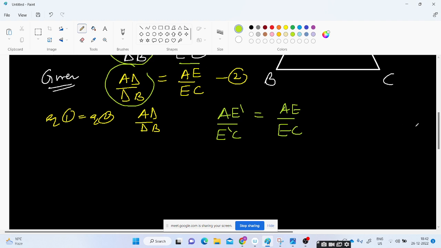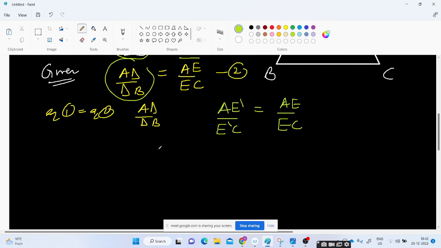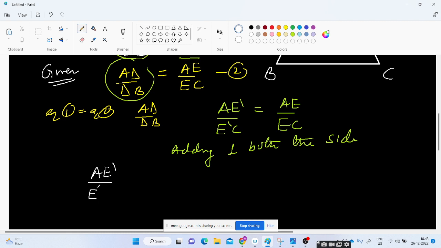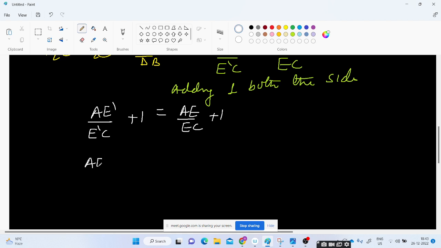Okay, and if we add 1 to both the sides, what we are getting, AE dash upon E dash C plus 1 is equals to AE upon EC plus 1. That is, taking the LCM, AE dash plus E dash C upon E dash C is equals to AE plus EC upon EC.